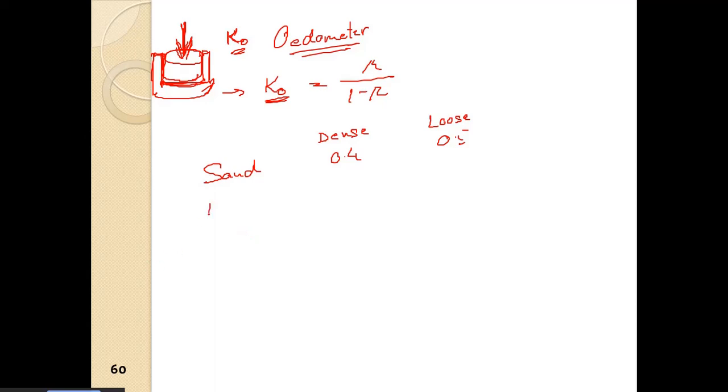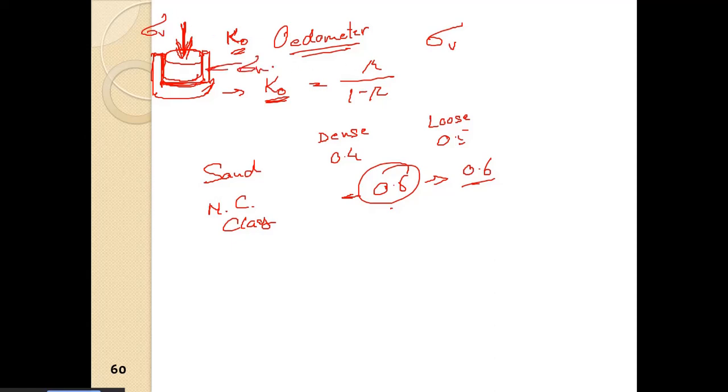Again, for normally consolidated clay, it is mostly in the range of 0.5. It may go a little bit to this side, around 0.6, but it is mostly around this. So here if this is sigma v, and if we consider sigma h, sigma h is basically half of sigma v.